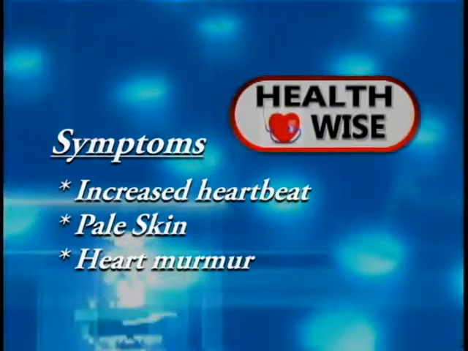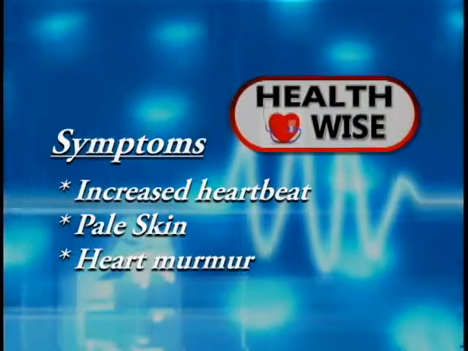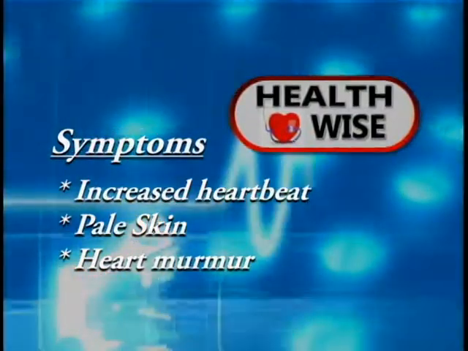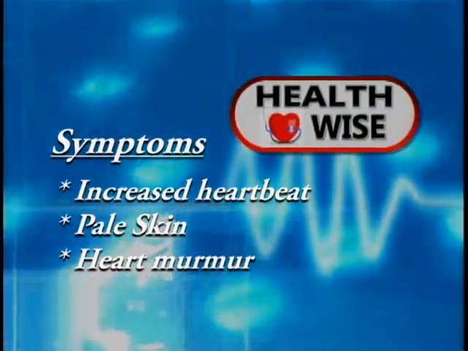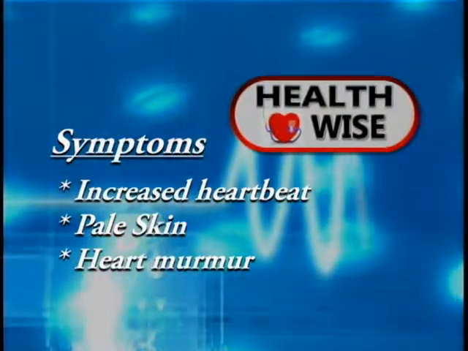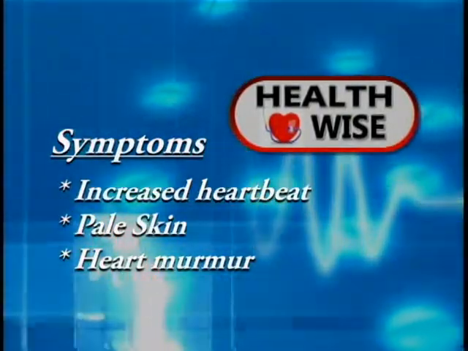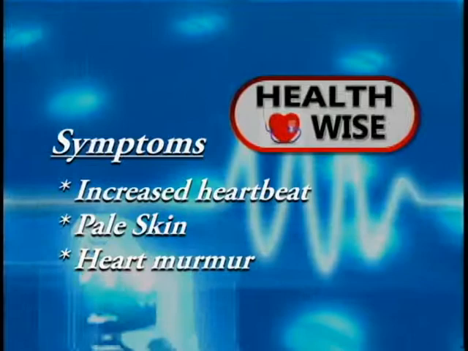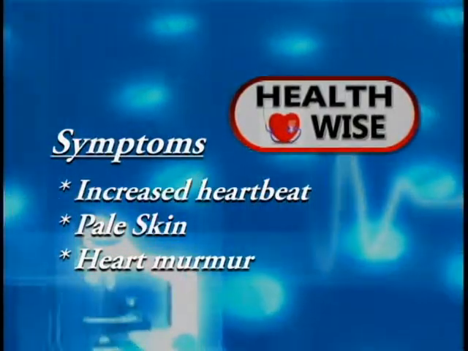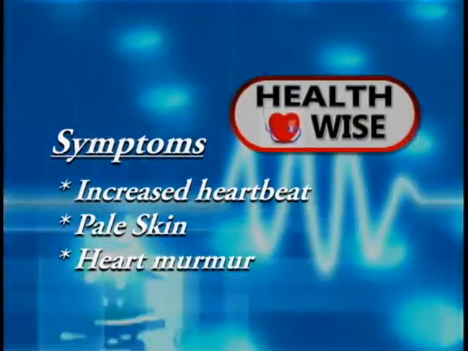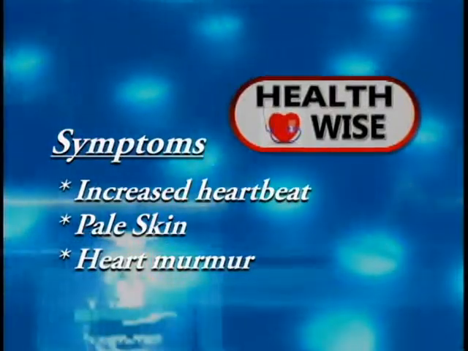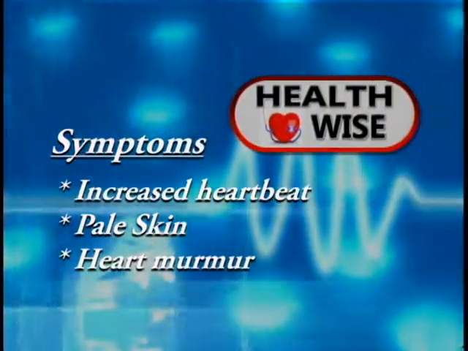Their blood pressure might be a bit lower than the normal range. And some of them may have what we call a flow murmur, an added sound in the heart, which is just because of the increased flow and the heart trying to get the blood out into all the tissues.